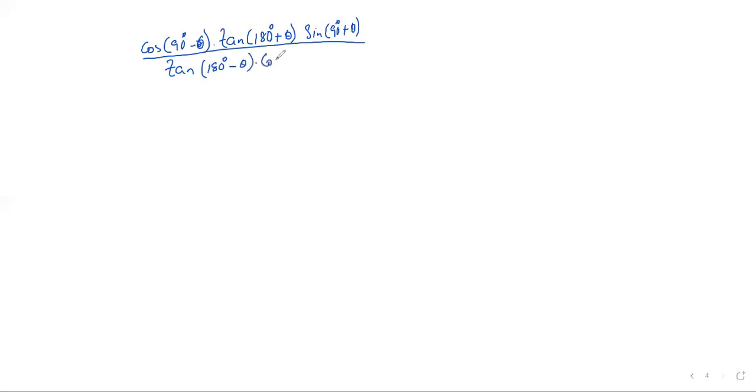Cos of 90 minus x minus theta multiplied by the tangent of 180 plus theta, then the sine of 90 plus theta all over the tangent of 180 minus theta, cos of 90 multiplied by the cos of 90 plus theta.